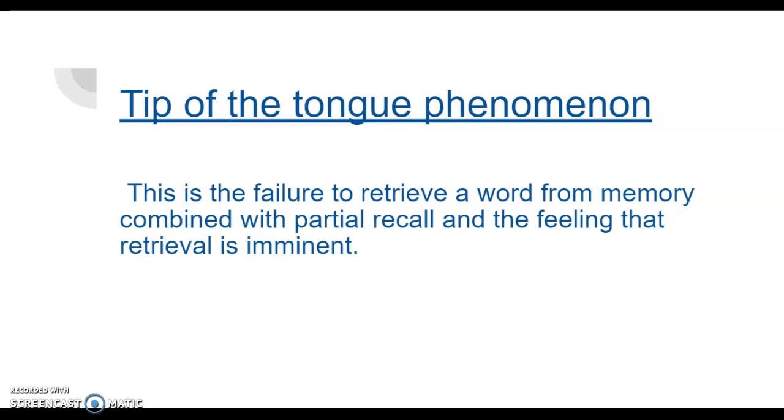Like, you might know what that word means, or you might know, okay, it starts with an R. It's an R word. And so you're kind of sifting through the files of your brain trying to retrieve it or recall it from that.